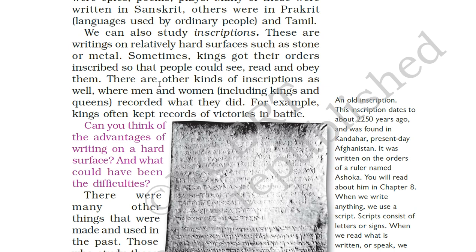If the kings built a temple, they would put an inscription so that in future, like us now, we will go to the temple and see it. We cannot obviously read the inscription because it is written either in Sanskrit or Prakrit, but historians have studied the inscription, and they have concluded that this particular king built this temple.